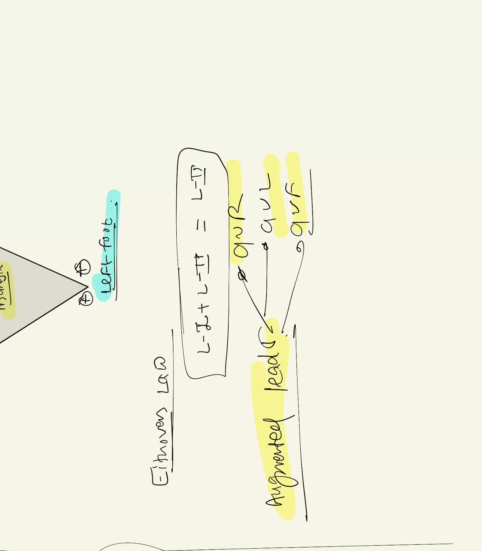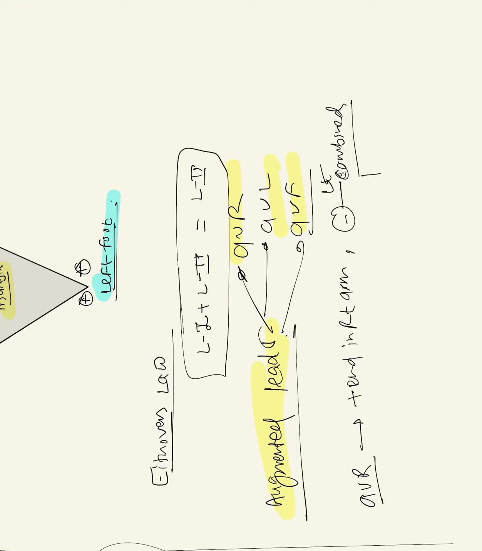Now, AVR is positive in the right arm, and negative is the combined left arm and left leg.